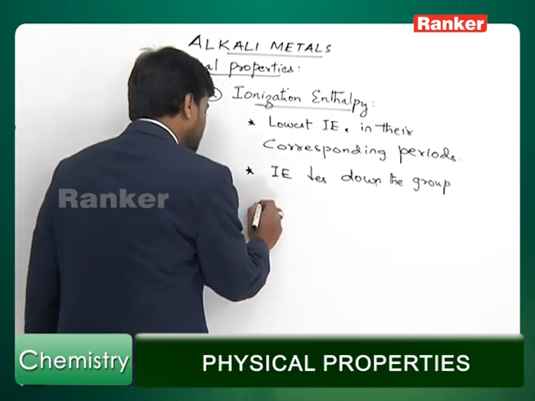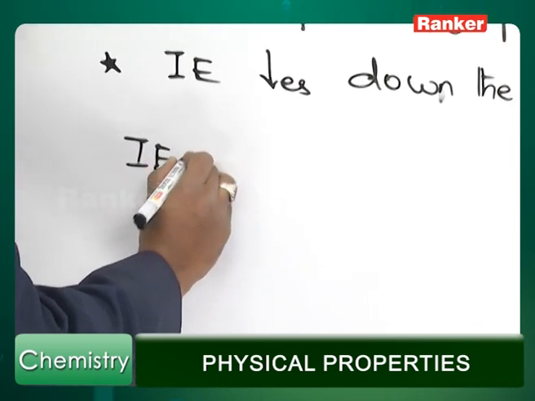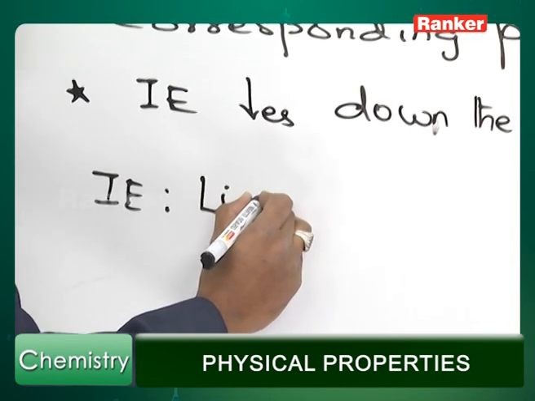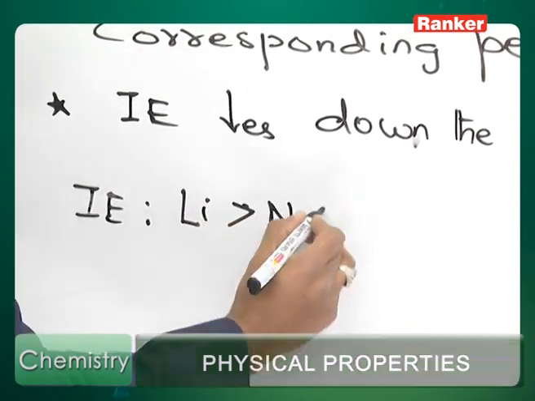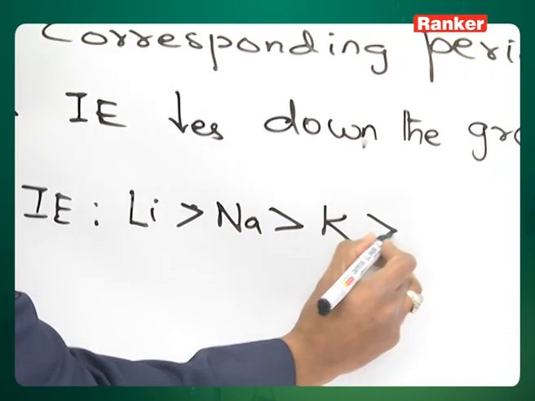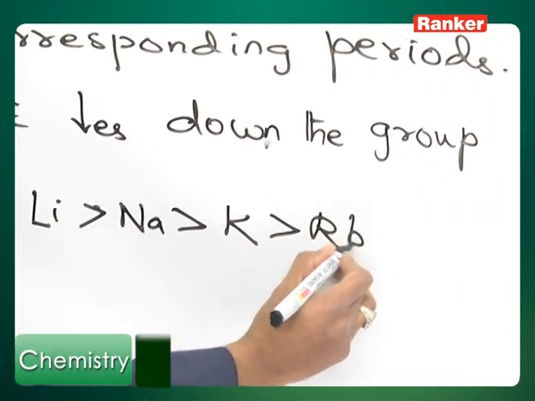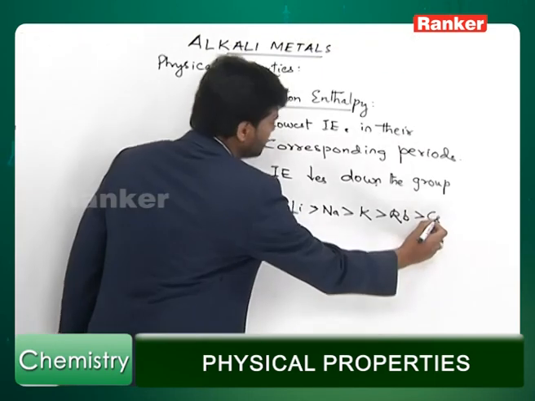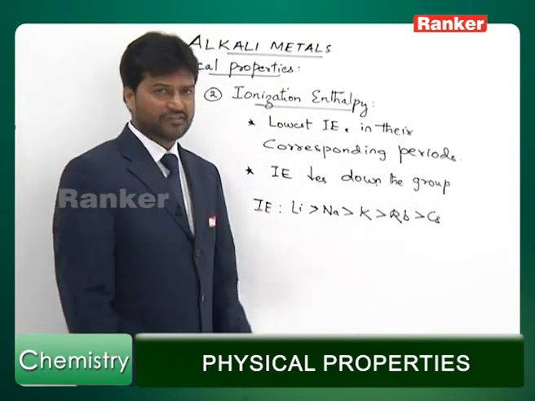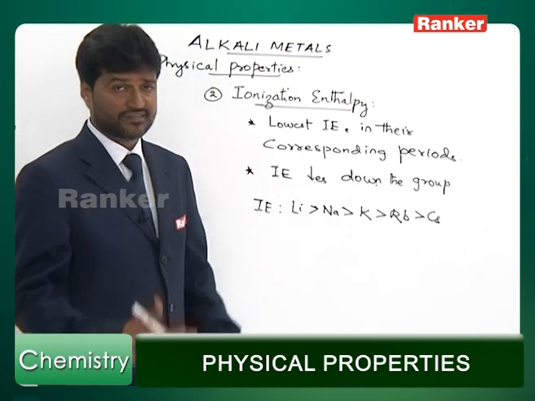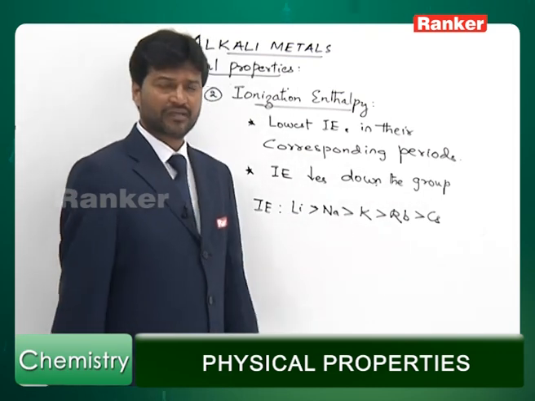So you can write the order of ionization enthalpy like this: lithium greater than sodium, greater than potassium, then comes rubidium, and finally cesium. So the most electropositive element, the element which can lose electron most easily, is cesium.